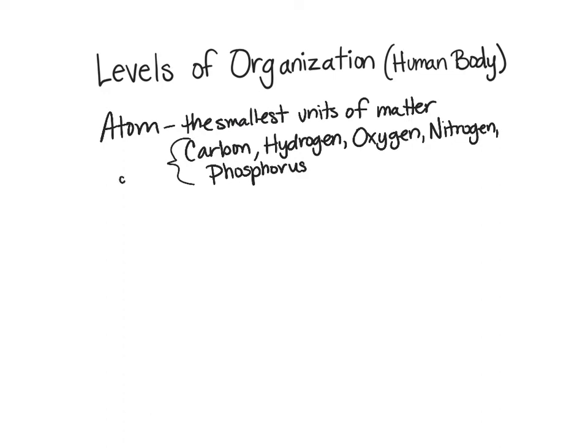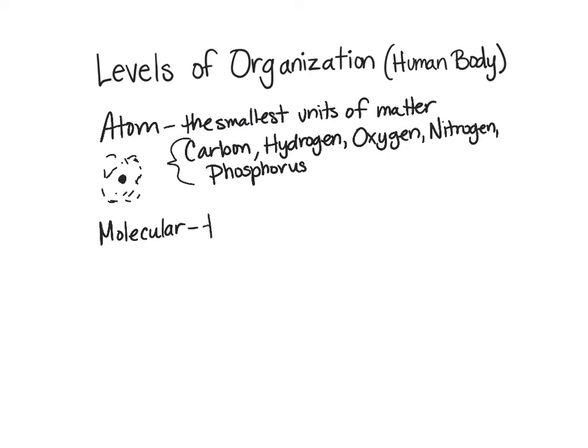So our atomic level, and we'll talk about this in the chemistry section, we have our nucleus here, and we've got our electrons floating around outside of the nucleus. That's our atomic level. Then we move to our molecular level. Our molecular level are our molecules, and this is when we take two or more atoms and put them together.